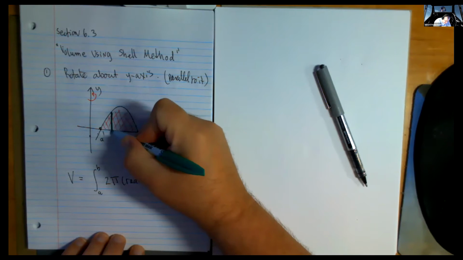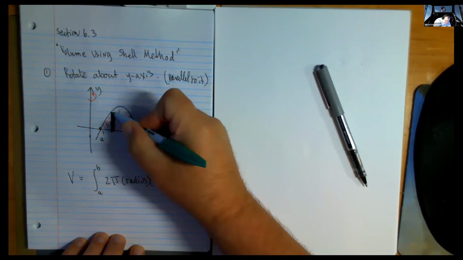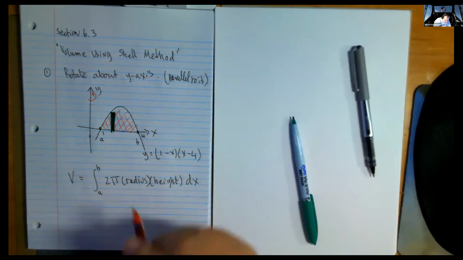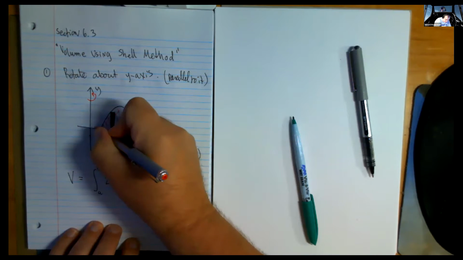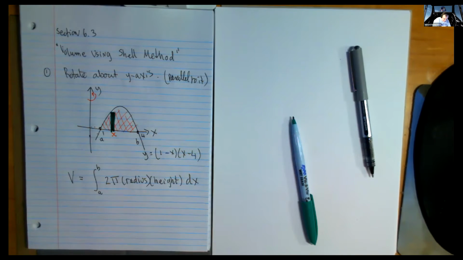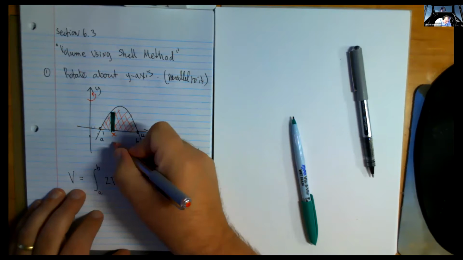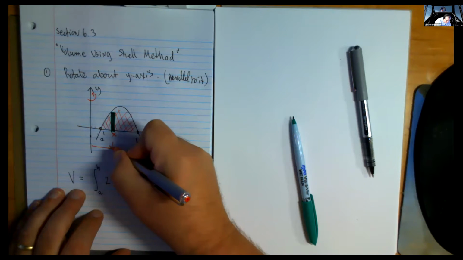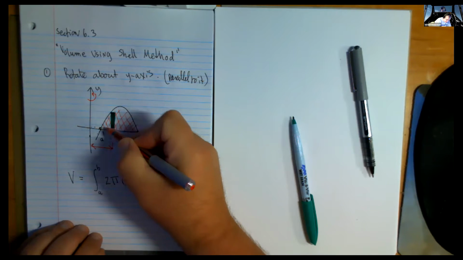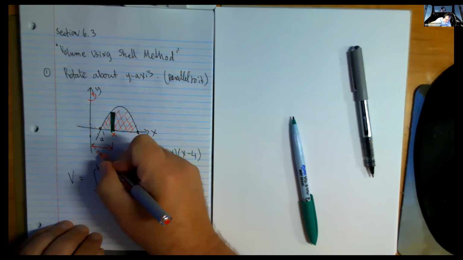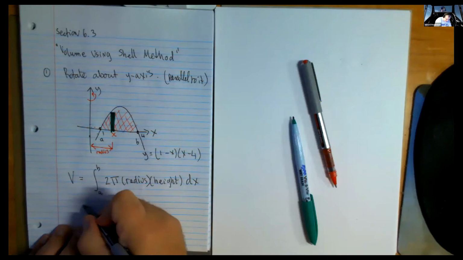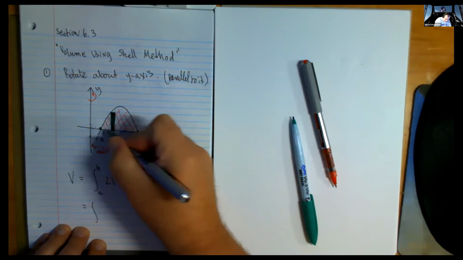So let's show you what you do to calculate the radius. You pick a random spot inside the shape at position x. That's x equals 1, 2, 3, 4, 5, 6, at x. The distance that we call the radius is the distance from that rectangle to the axis of rotation. So in this case, we're going to go from x equals 1 to 4.